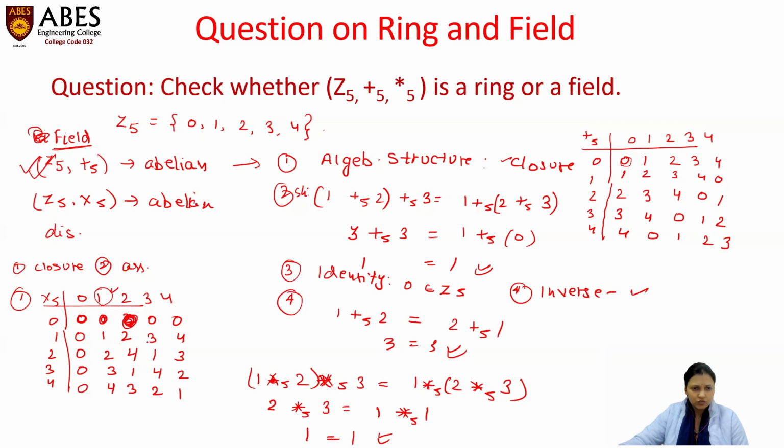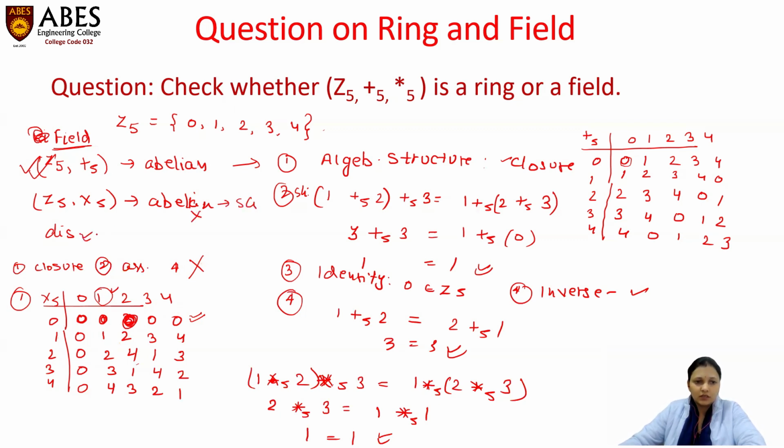The inverse of 2 is 3. The inverse of 3 is 2. The inverse of 4 is 4. But the inverse of 0 does not exist. So this is not a group. The fourth property is not satisfied. When it is not a group, it cannot be an abelian group. So this is a semigroup, but not an abelian group.